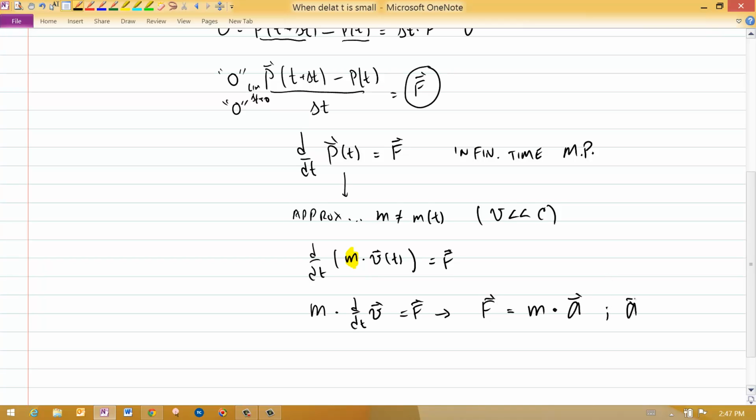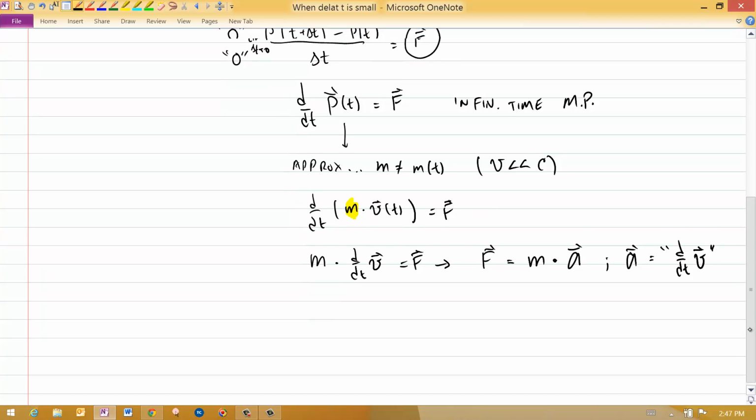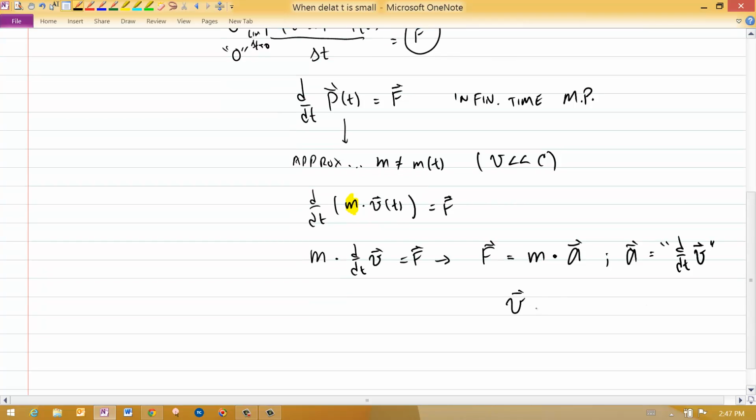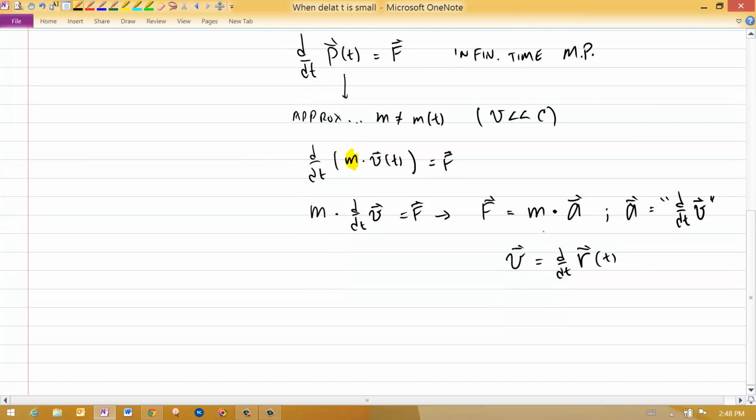And the acceleration is just defined to be the time derivative of the velocity, just the same way the velocity is equal to the time derivative of the position vector as a function of time.